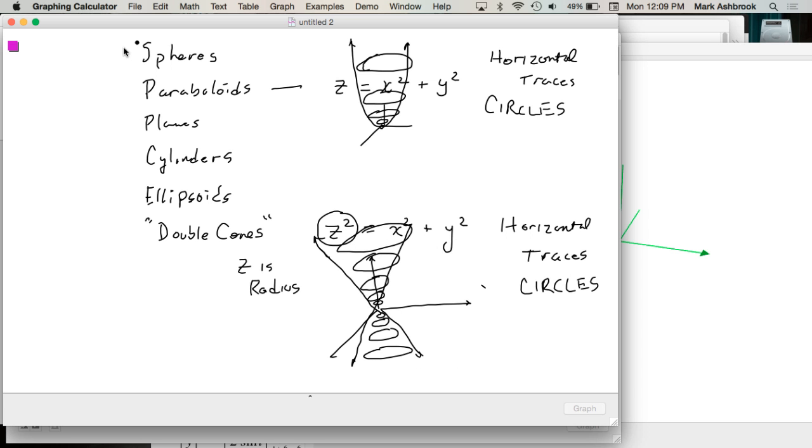So these are our key surfaces, and these are all on the second test too, but in the form of functions, right? So now we're going to start talking about functions in R3. One type of function in R3 is surfaces, and so we're going to see all these again when we talk about functions in a couple of days.